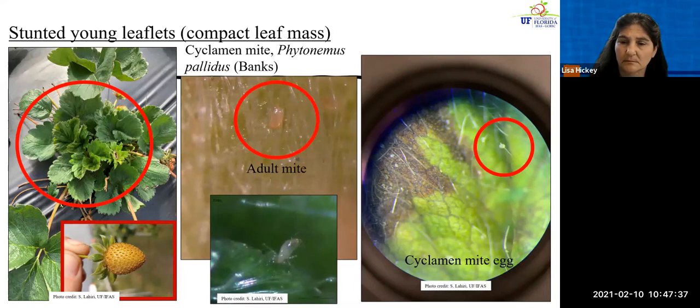They start feeding on these leaflets, causing stunting of the young leaflets, or what is also known as compact leaf mass syndrome. Fruits can also be infested, and you can find several eggs of cyclamen mites underneath the fruit calyx, and these infested fruits will also look bronzed and cracked, just like the thrips-infested fruits.